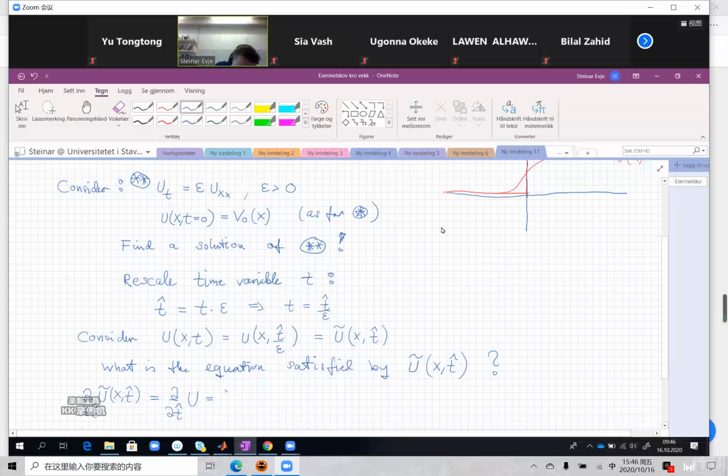So we use the chain rule to write this as the derivative with respect to t. But then we also have to multiply with the derivative of t with respect to t hat.